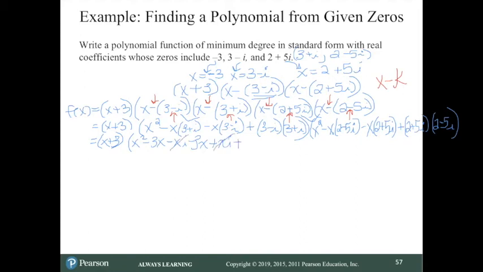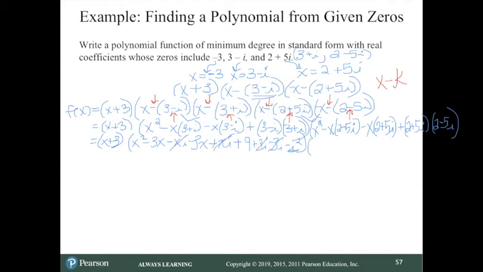Plus foiling, now I have a binomial times a binomial again. So that's 9 plus 3i minus 3i minus i squared. So there's another pair of terms that will cancel out. Notice I have an i squared, so we'll substitute that for -1 in our next step.